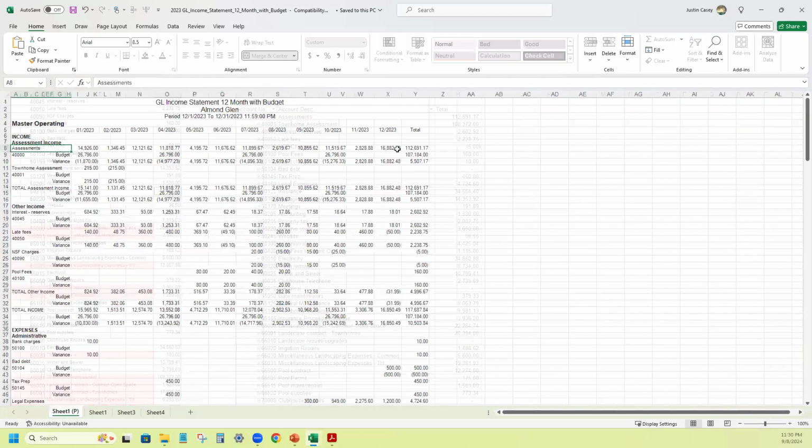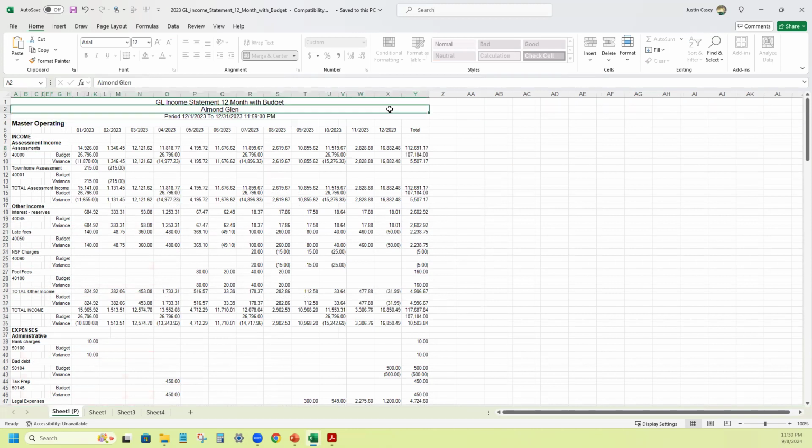Pulling that up, it's exported directly from VMS, which is Village Management Software. It's what a lot of HOA property management companies use. So we make sure that the name Almond Glen is at the top and that it's for the whole year.